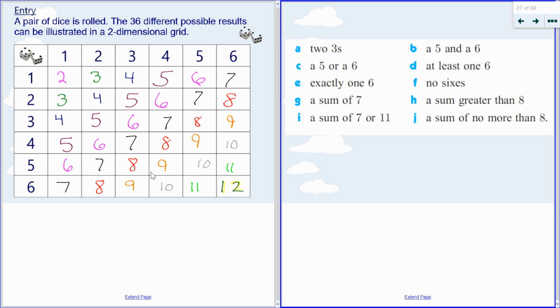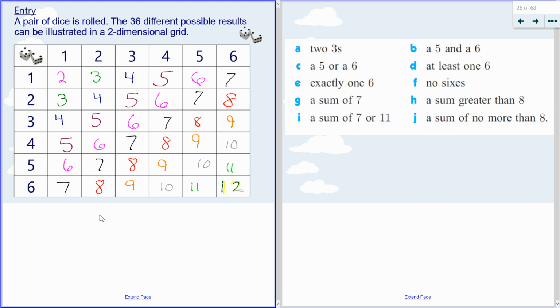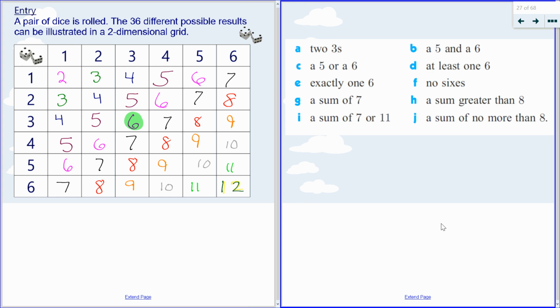So a 3 and a 3, I'm going to go to the grid. A 3 and a 3 is right here. 3 and a 3 means you get a 6 in that way. So the probability of rolling 2 3s is just 1 out of 36.